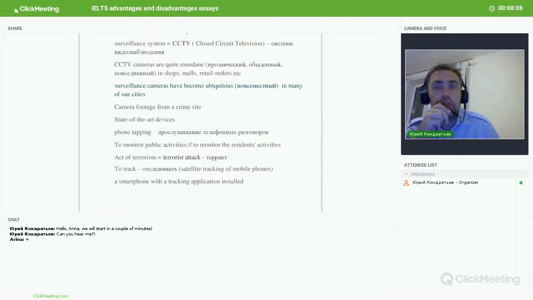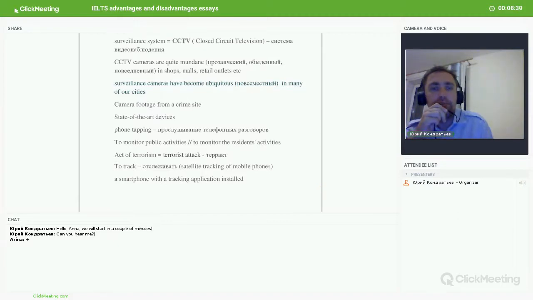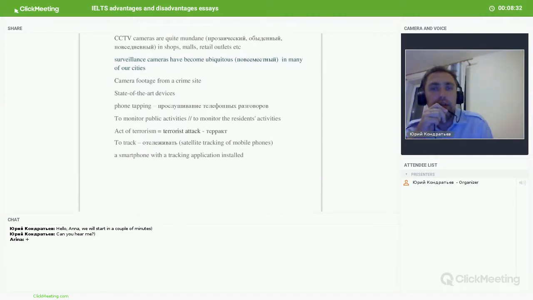When we talk about the advantages, we can mention that these types of systems can help us prevent acts of terrorism or terrorist attacks. To track is another verb that is useful here, like satellite tracking of mobile phones, or a smartphone with a tracking application installed. So these are some of the expressions. Just a few more.